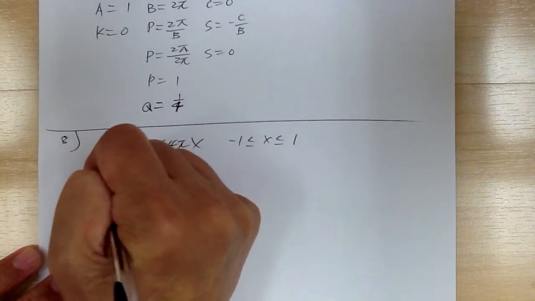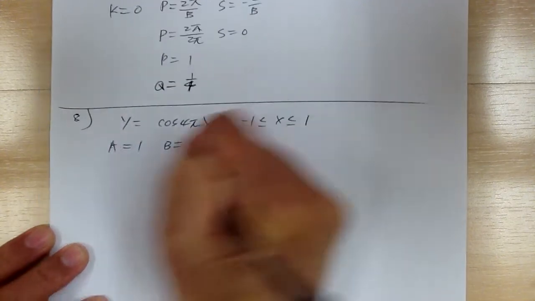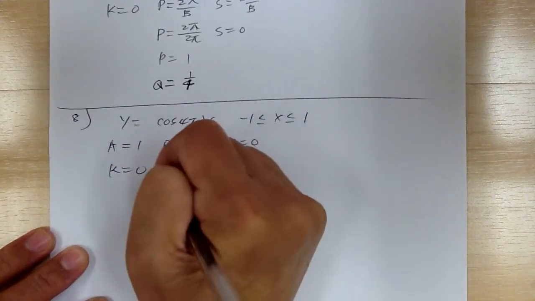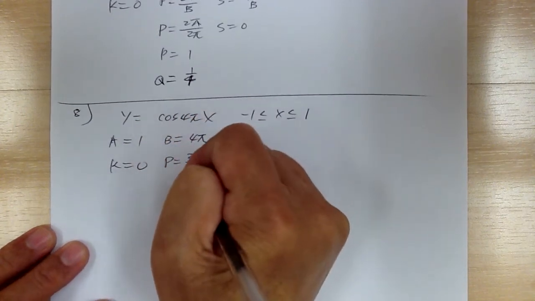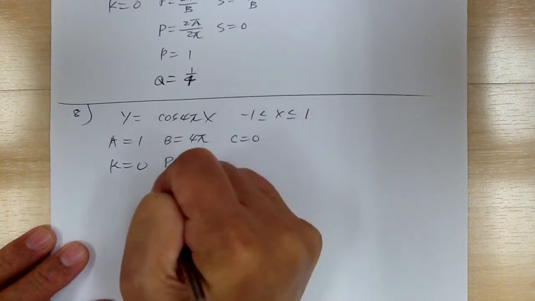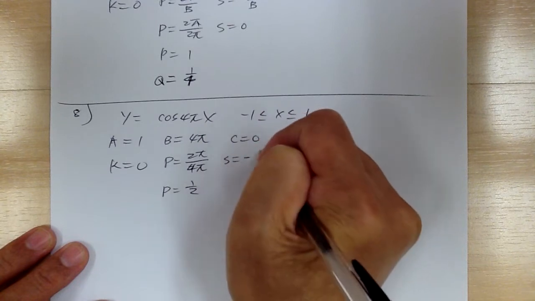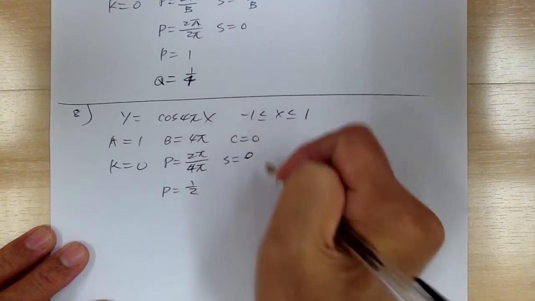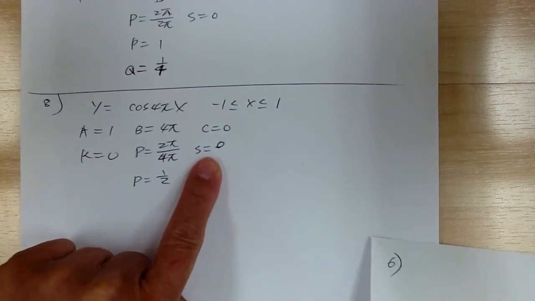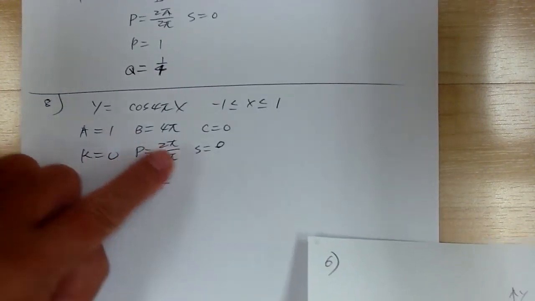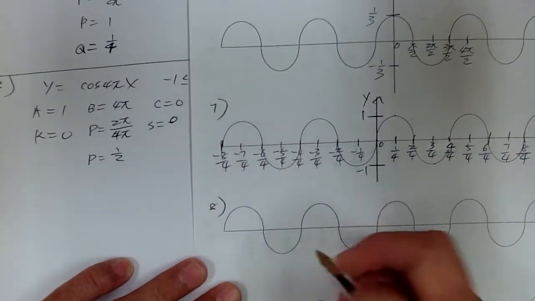Okay, so A equal to 1, B equal to 4 pi, C equal to 0, K equal to 0, period equal to 2 pi over B, so period equal to 1 over 2, and the shift equal to negative C over B, so it's just going to equal 0. Okay. Now, if it's something obvious, you can write it down, but if not, you want to show steps, so that way you avoid careless mistakes. Okay, so then you go to 8.